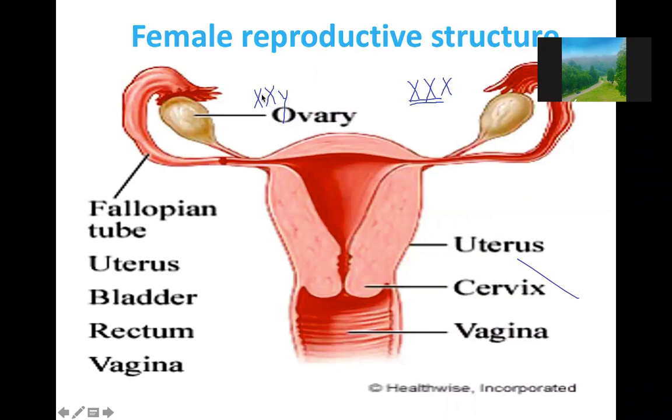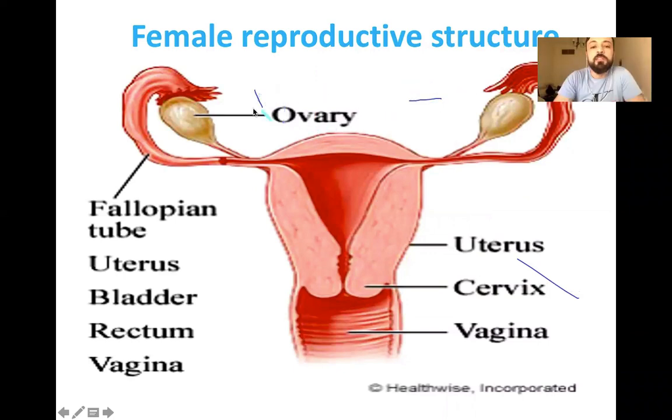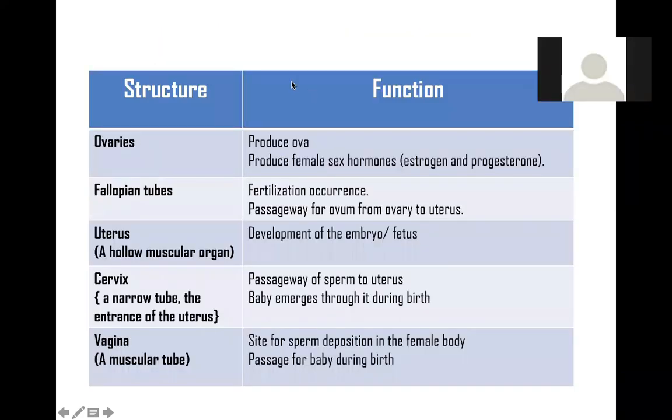Again, when we speak about the female reproductive system, you should know the labeling, all the structures and their functions. For example, ovaries are the organs that produce the ova.